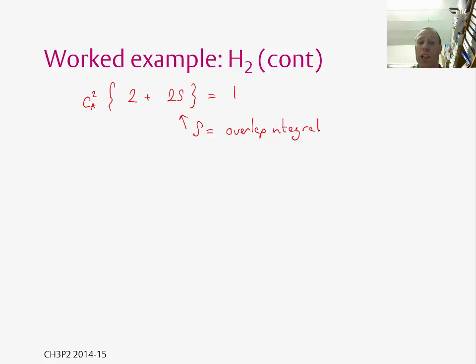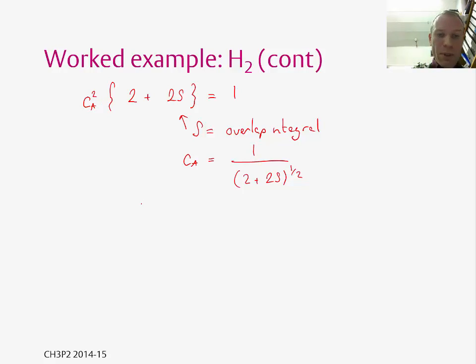If you actually work it out, it's just a number, just a constant. So now we can rearrange this equation to get Ca. So Ca is going to equal the square root of 1 over 2 plus 2s. I've just rearranged this equation to make Ca the subject. So now we know what Ca is.